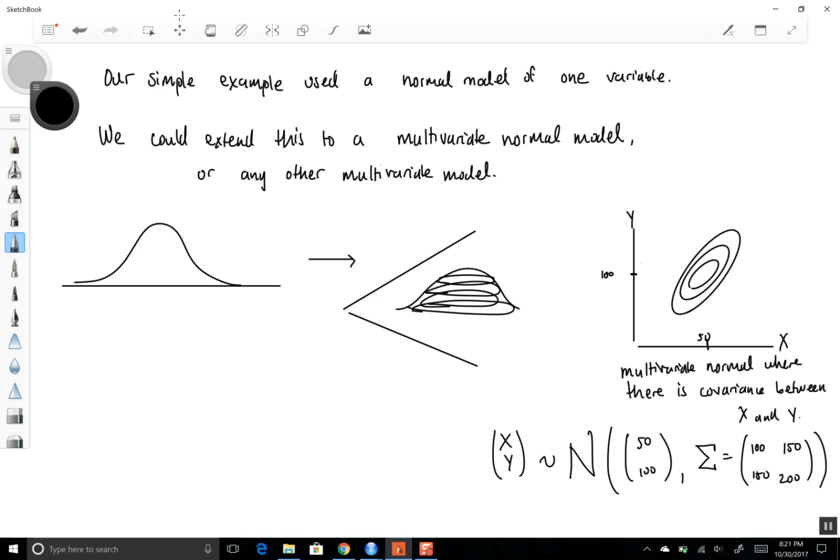So this would be a multivariate normal model. You could have other multivariate models that are not normal, that put some other kind of distribution on x and y.